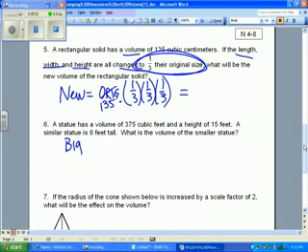So we need to keep straight which is our large and which is our small. Well, I can obviously tell 15 is large and 6 is small, and that 375 corresponds with the large, and I didn't need to know that small volume. But please keep in mind, since they are similar, all three dimensions are changing.